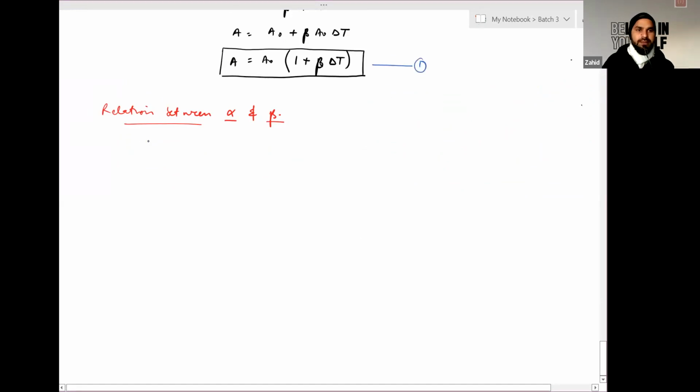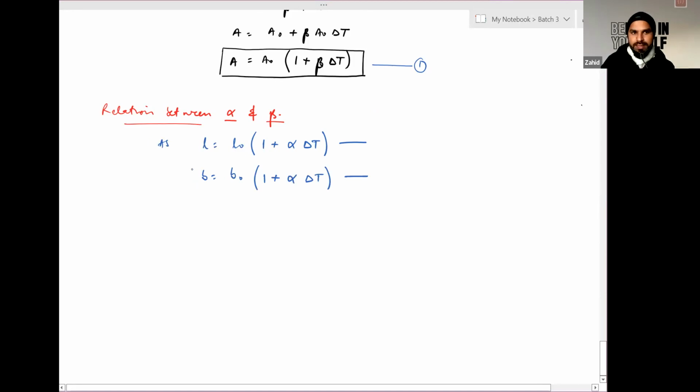So we may write length equals L naught times 1 plus alpha delta t as equation first. Breadth is also a length, so we can write it in terms of expansion of length. So it will be B naught times 1 plus alpha delta t.